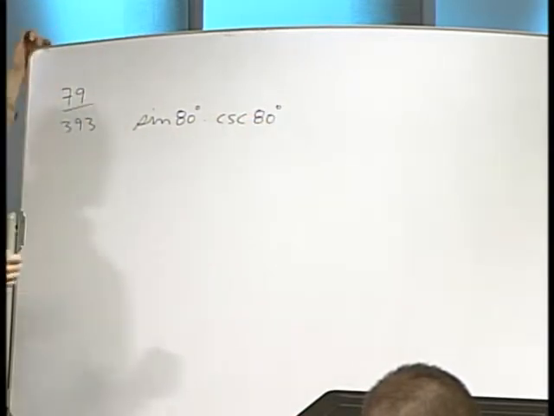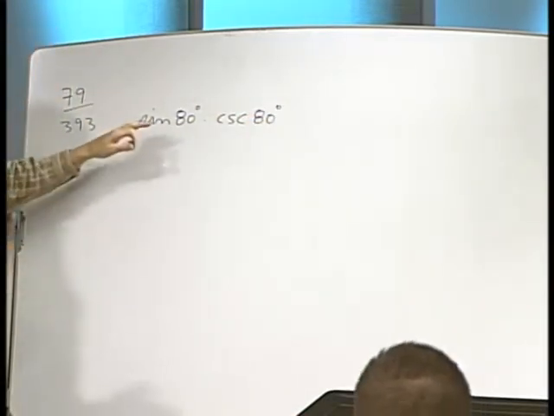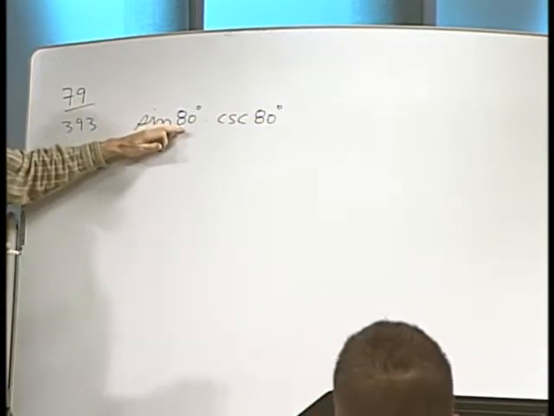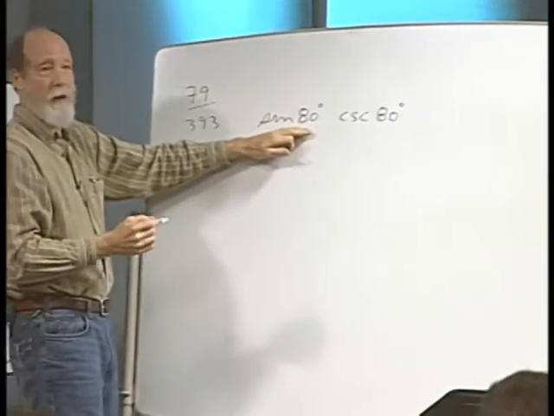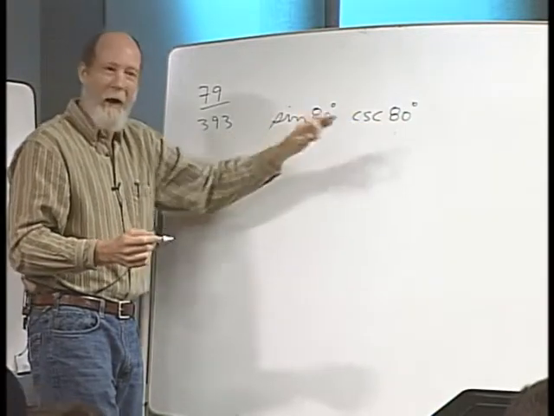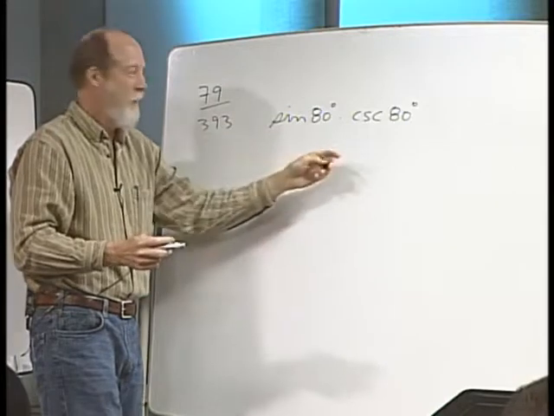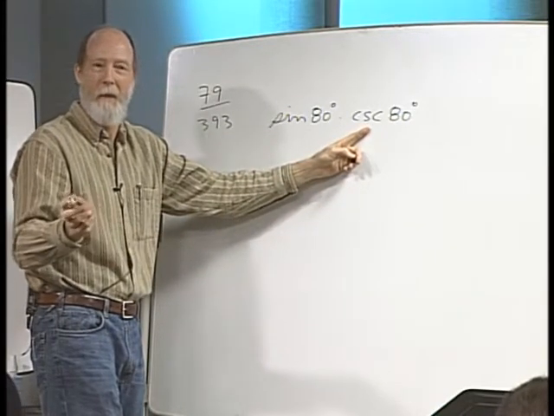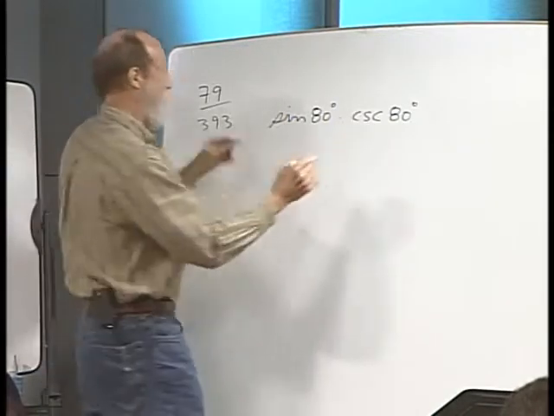Okay. So here's some trig stuff. It's a trig ratio right here, times another trig ratio. Now you have to know that the cosecant is the reciprocal of what? Reciprocal of sine.